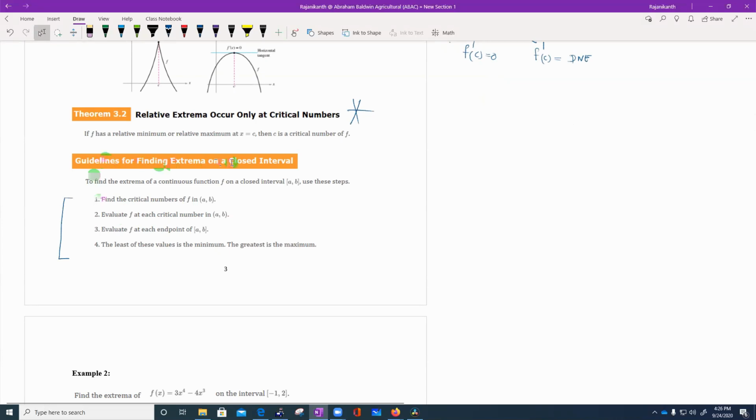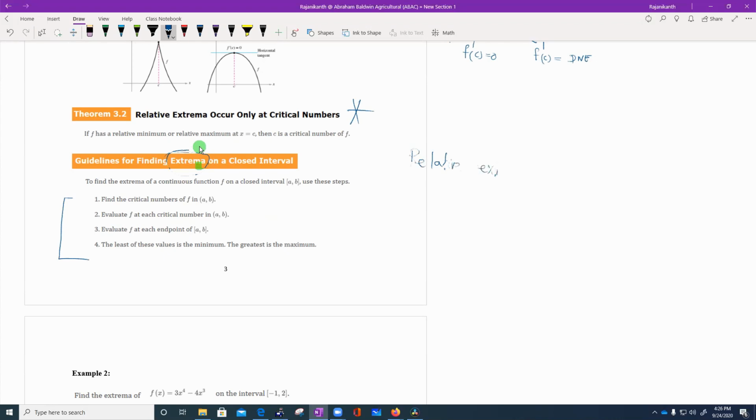Guidelines for finding extrema on a closed interval. Remember now, you are finding the extrema on a closed interval. What does that mean? That means endpoints are now included. No confusion. Here they are asking extrema. But relative extrema is a different thing.